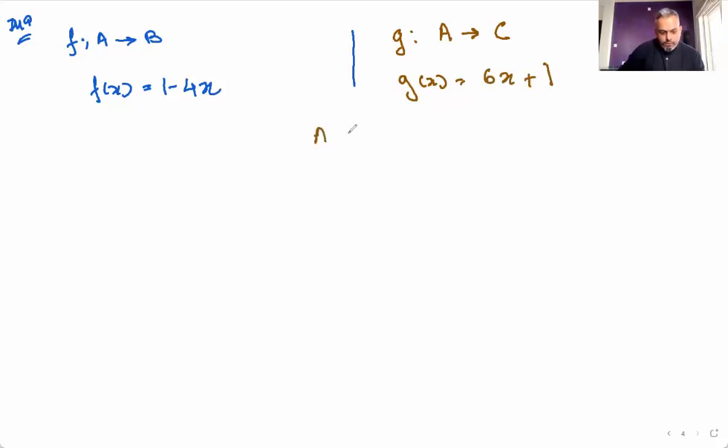A is equal to {0, 1, 2}. So we have to check if f and g are equal functions or not.